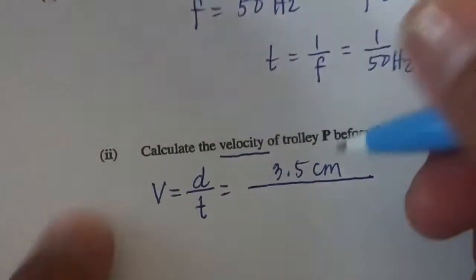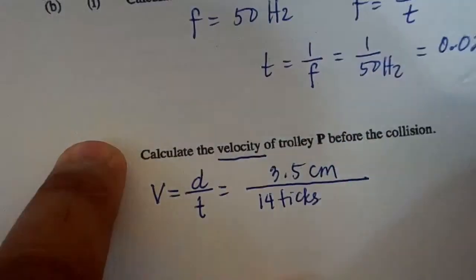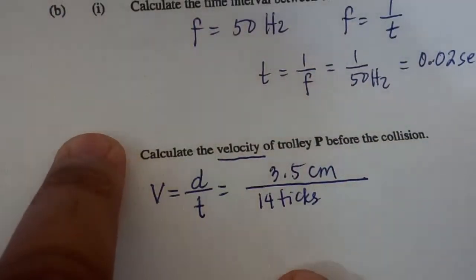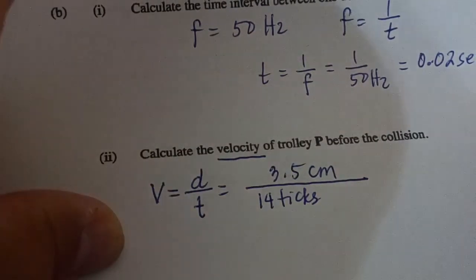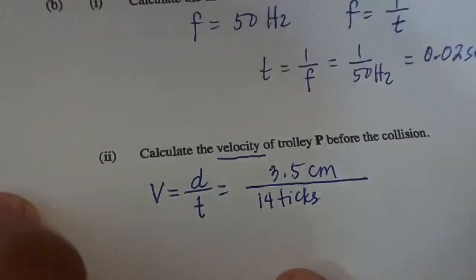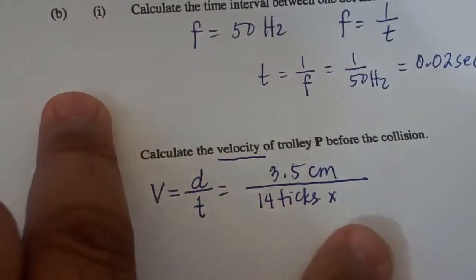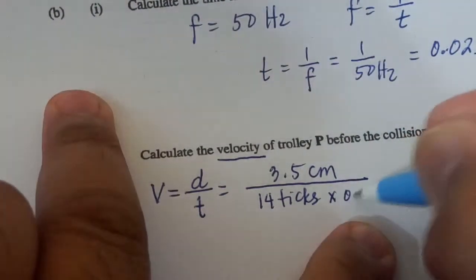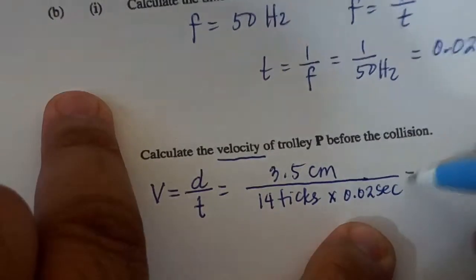That's 14 ticks formed from 0.5 to 4 centimeter, and you need to multiply it with the time it takes for one tick to form. That's 0.02 seconds.